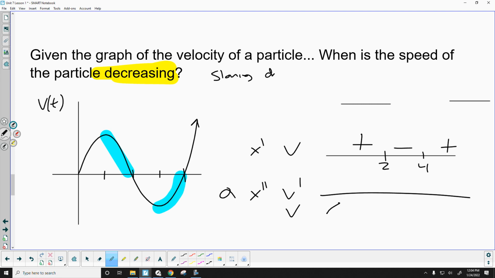V's increasing until 1. V prime is positive until 1. V's decreasing until 3. V prime is negative. V's increasing after that. And then you can look at when are the signs opposite. 1 to 2, 3 to 4. Two ways to do it. Okay.